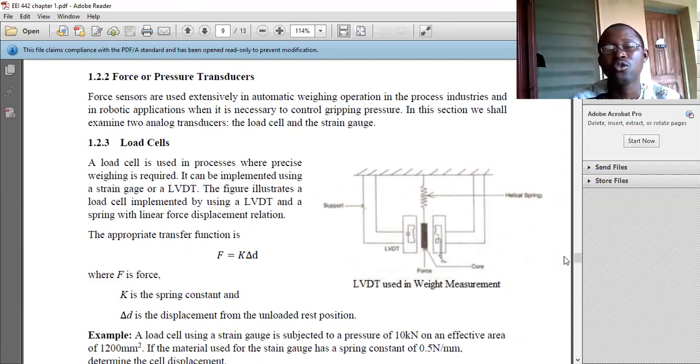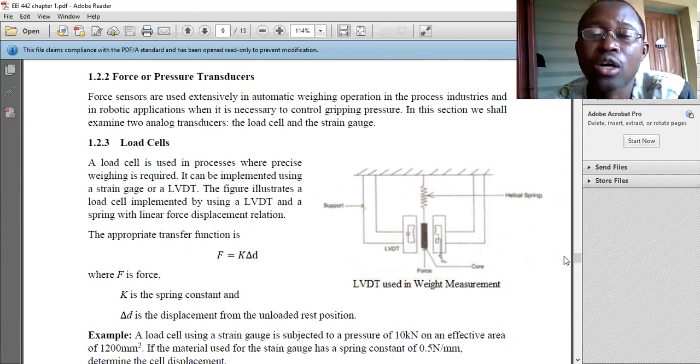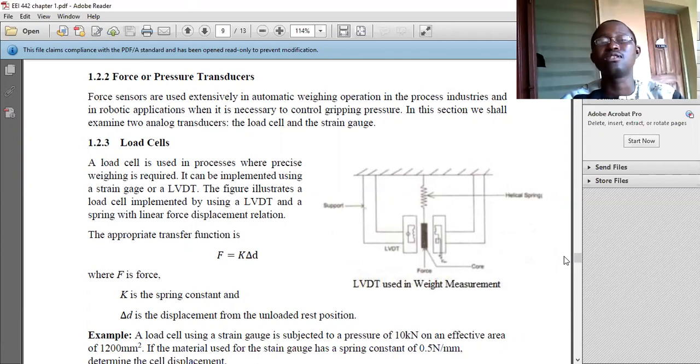Some of those quarries where they sell this granite weigh the empty vehicle, and then when the vehicle is coming out, they weigh it again to determine the quantity of granite that has been dumped into the truck. So you use this kind of system to determine the weight of that truck.